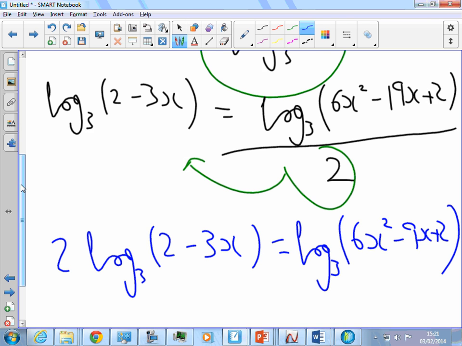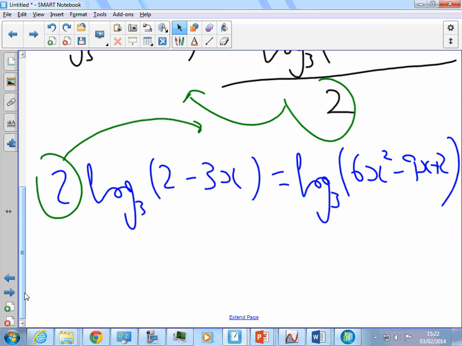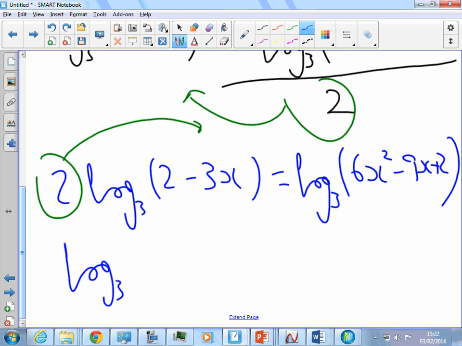Now, the next step, I'm almost ready to get rid of the logs apart from this 2 at the front. Okay? And I can use the power law, which is that the 2 in the front can go up. So if I did that, on the left hand side, I'll be left with log base 3 of 2 minus 3x squared, the power law.